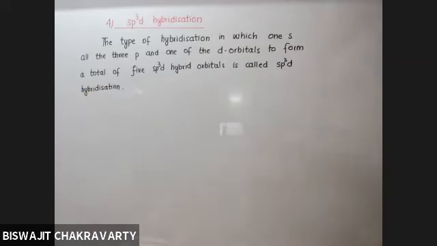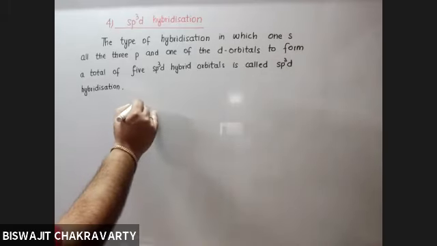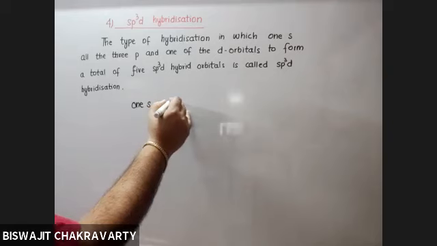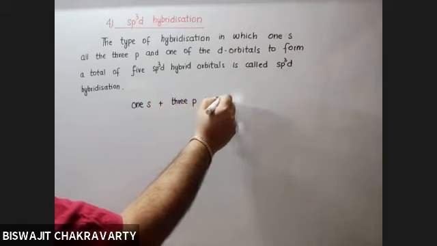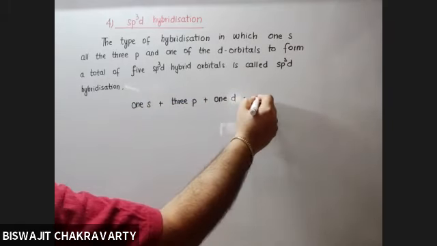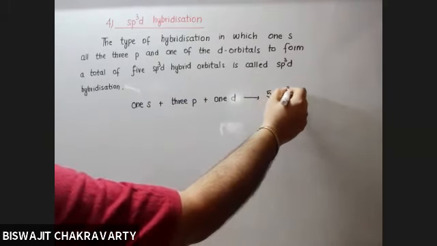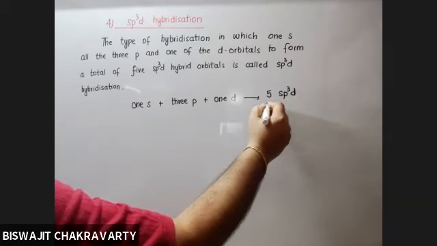A total of 5 hybrid orbitals will be produced, because according to the rule of hybridization, the number of hybrid orbitals produced is equal to the number of pure orbitals involved in hybridization. So rather than drawing the diagram, I'm writing 1s, 3p and 1d will produce 5 sp3d hybridized orbitals.